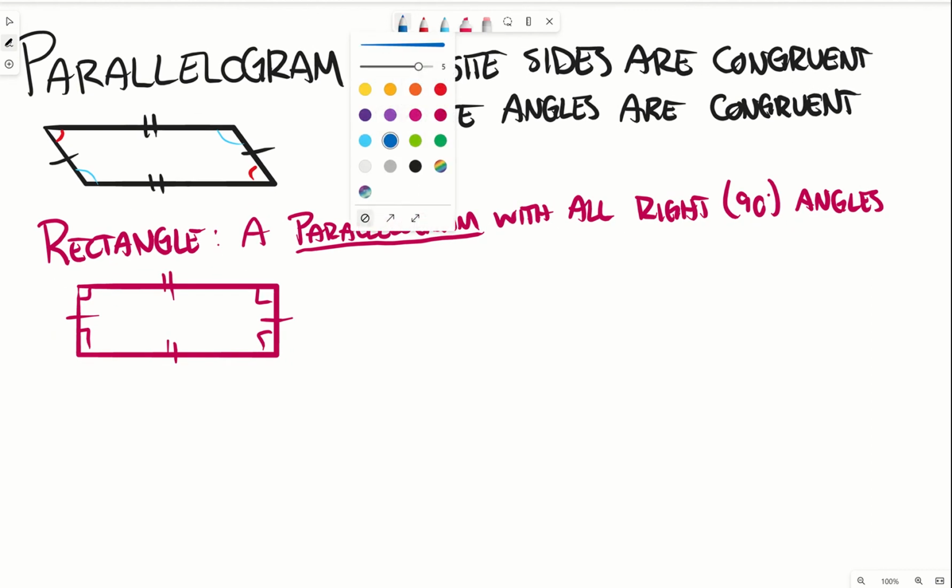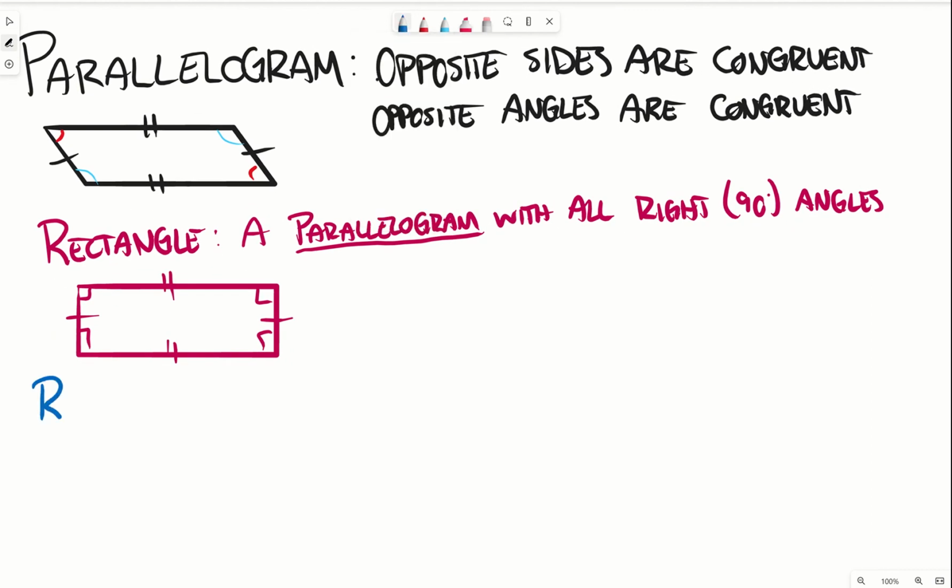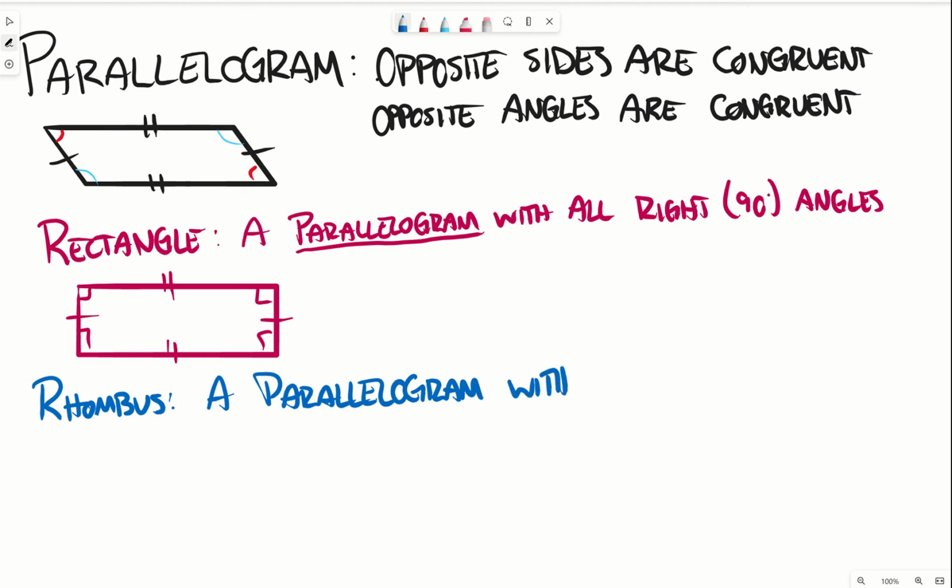All right, next, moving right along here. Next we have a rhombus. And a rhombus is a parallelogram with four congruent sides. So a rhombus is a parallelogram, but all four sides are the same measure.